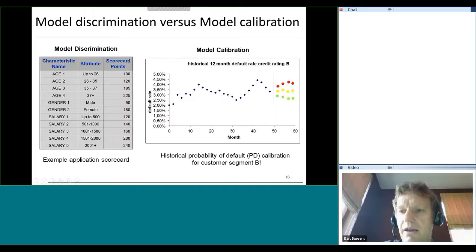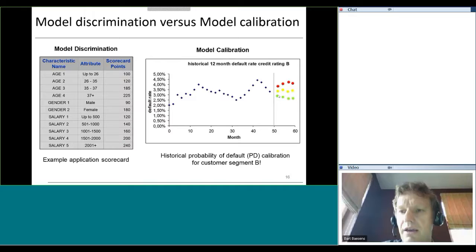And here you can then see the historical default rate for rating B. And from here onwards, we can then extrapolate towards the red curve in case we would assume a downturn situation, or the green curve in case we would assume an upturn situation, or the yellow curve which sits in between in case we make a neutral assumption.